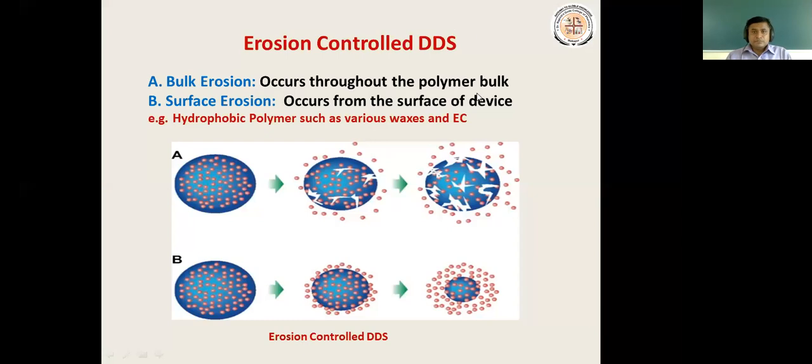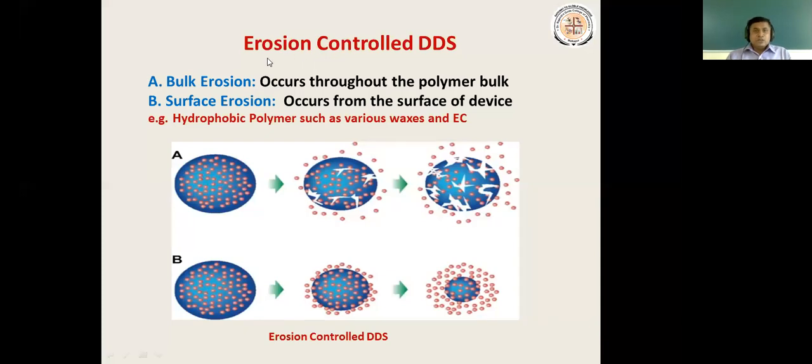These systems may work on certain parameters or physical stimuli. Due to physical, chemical or biological stimuli, erosion may take place.